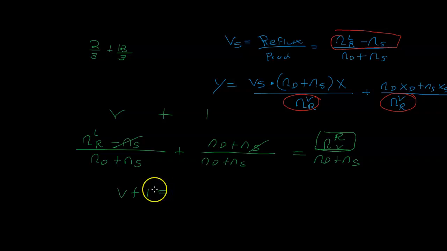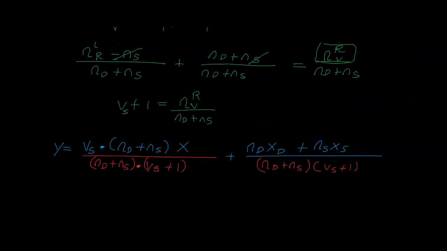Equal to, let me think if I'm doing this correctly, yes, NRV over ND plus NS. So we could simply plug it here. We get this when we plug in the expression for the amount of vapor going up to the rectifying section. We can cancel this out, and this is what we are going to end up with.